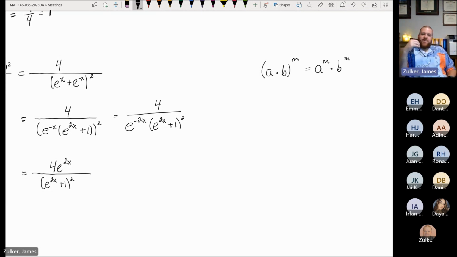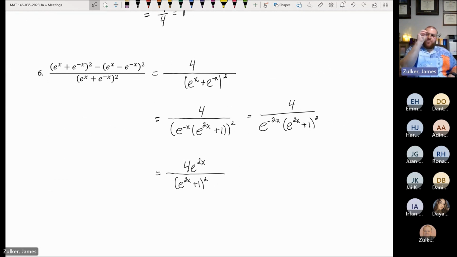And technically, I am doing the exponent before multiplication in this case, right? All right, so remember that property. So that's why I was able to distribute that squared through. I guess technically we did multiply both numerator and denominator by e to the 2x.